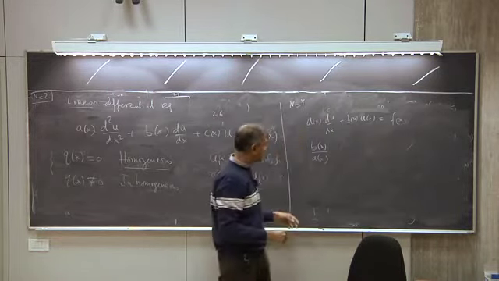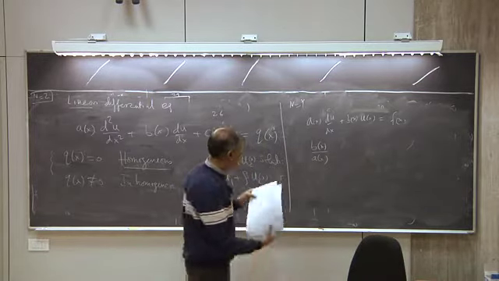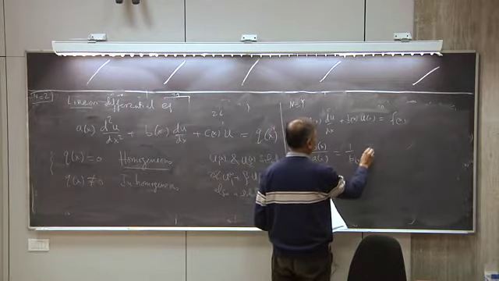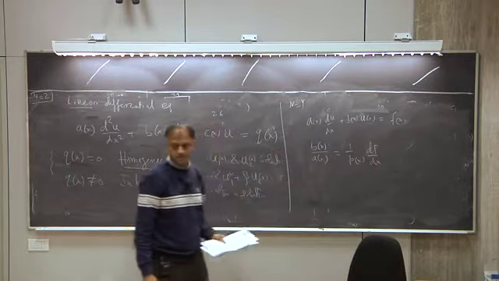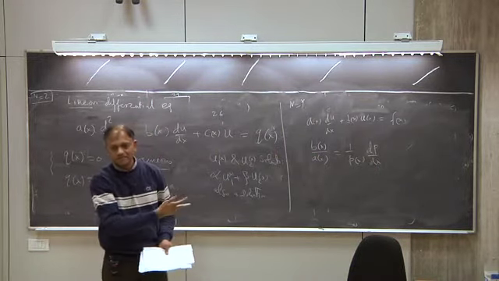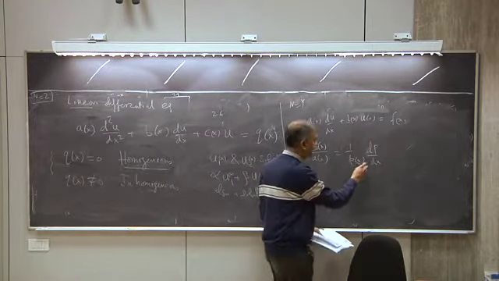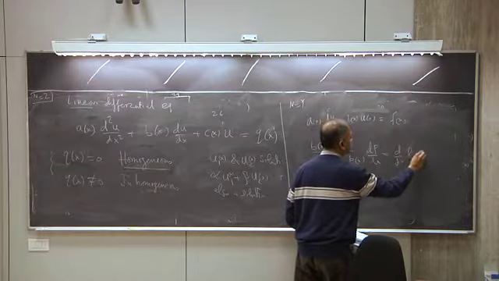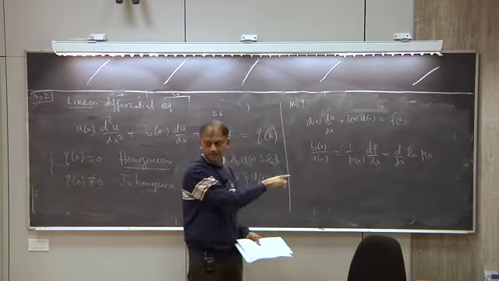So take this ratio b by a and rewrite it as 1 over p of x, dp by dx. This is a definition of p. Of course, you can solve for p. This is the same as d by dx of log p, right?